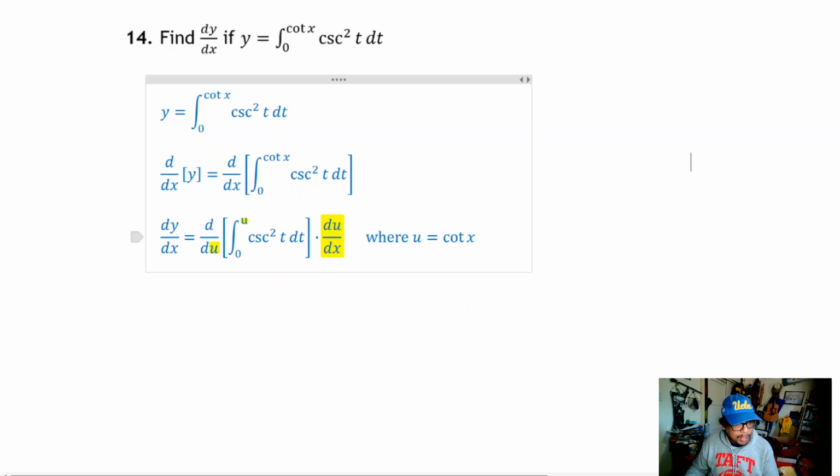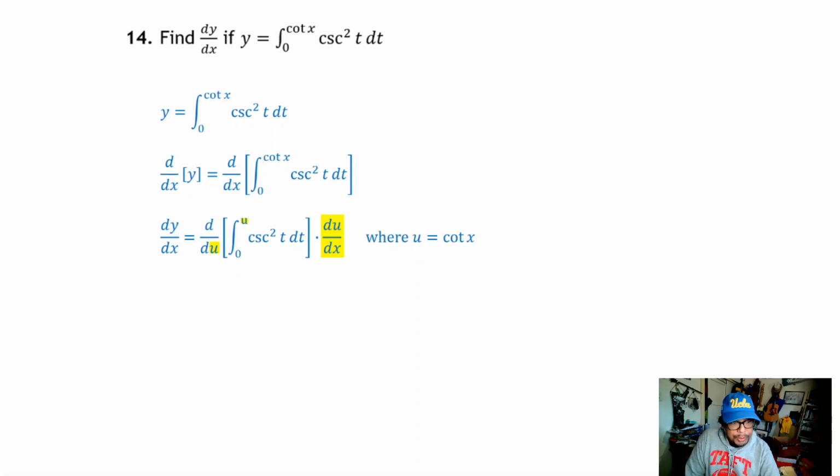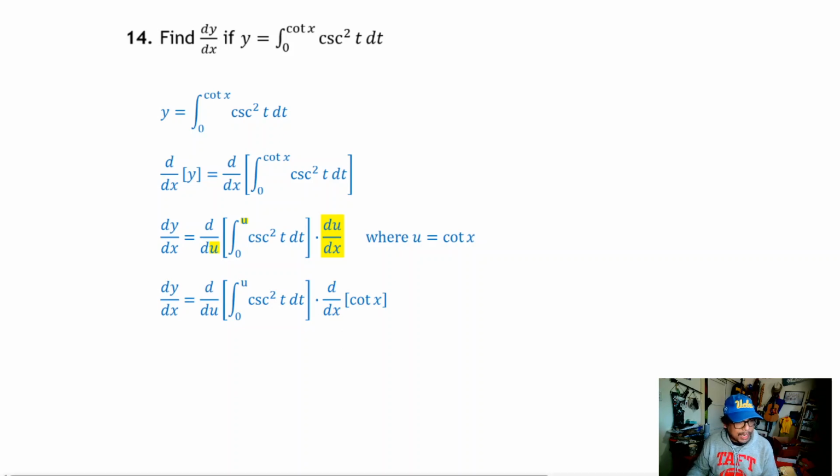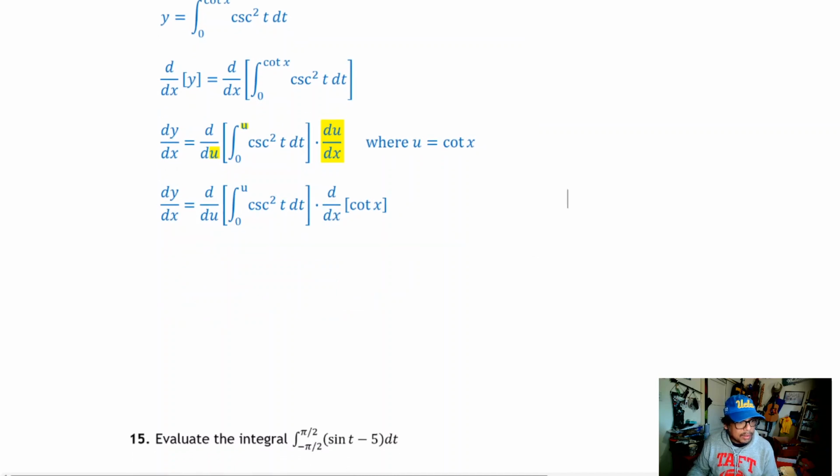And just as a reminder, u is the same thing as cotangent x. So if u is cotangent x, then we take the derivative of the integral with respect to u first, and then we multiply by the derivative of u in terms of x. Which means, of course, we're just taking the derivative of cotangent x and multiplying that at the end.